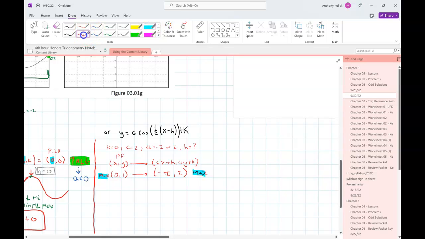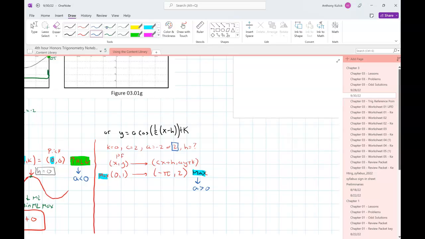Because I'm going from max to max, that tells me that the A needs to be positive. What if it was going from max to minimum? Can't do that. You can't transform a midline point into a maximum or minimum, or take a maximum or minimum and turn it into a midline point. You can only take extrema to extrema, midline to midline.